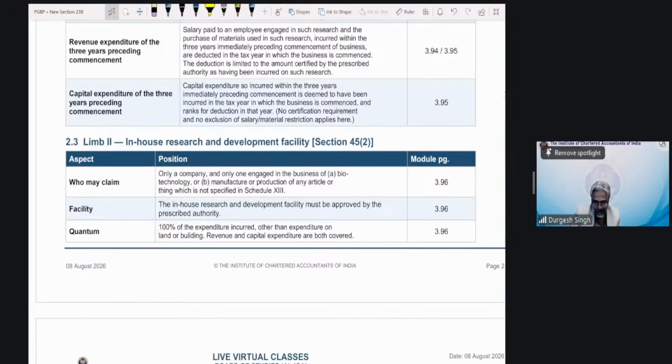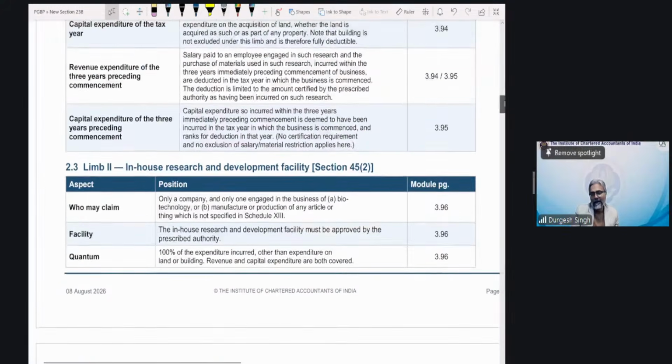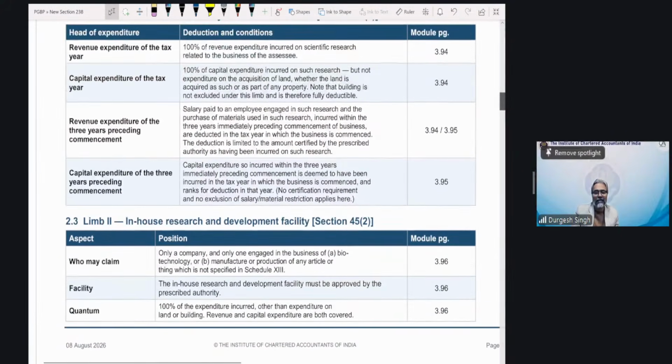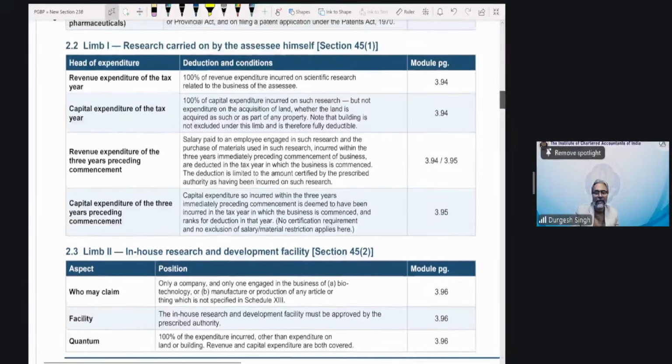Let me then ask you this question, students. My business has started, business has commenced. I'm already doing the manufacturing. And now in the meantime, I thought it's high time to do the research. So I'm incurring the construction of my research division.